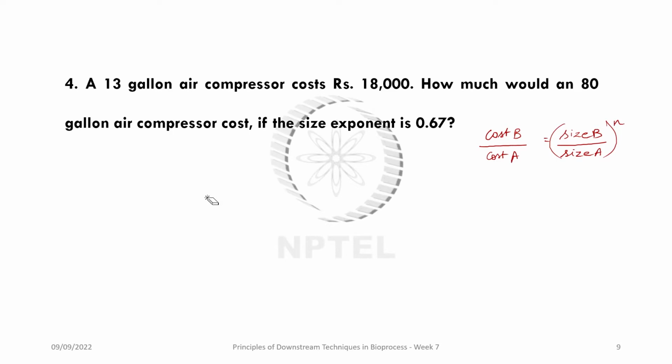You already know three variables. You just need to find cost B, right? So what does size exponent here mean? So this is the ratio of size. We have an exponent here. So this is your n, right?